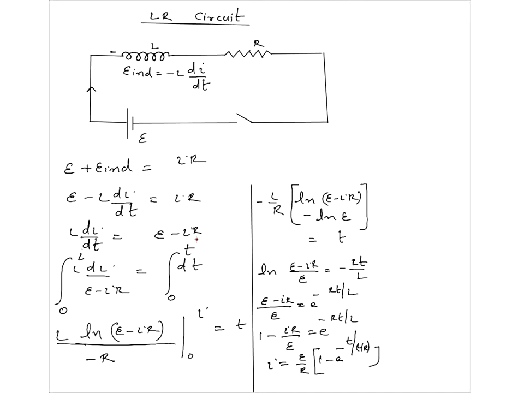In fact, separating is straightforward, no complication at all. L di upon E minus IR equal to integral dt. When time is 0, current is obviously 0.